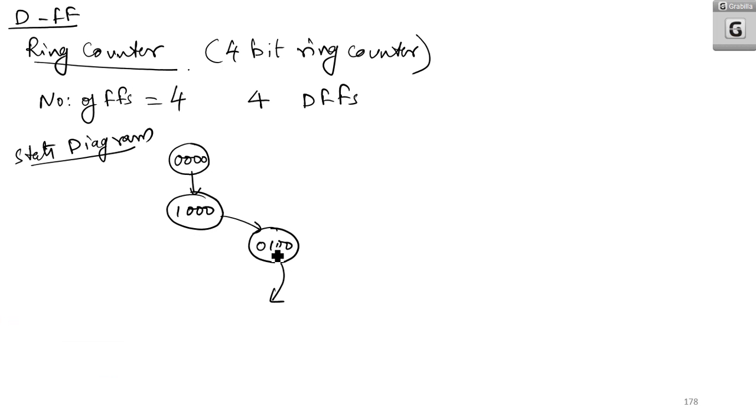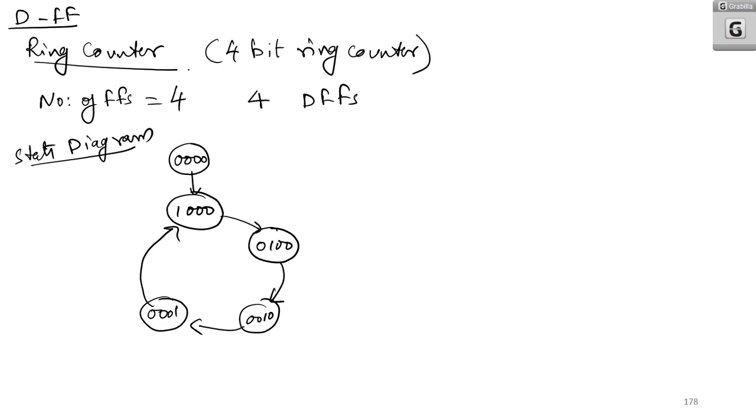Again this 1 will be shifted to the next bit, so it will be 0 0 1 0. Again it will be shifted to the next bit, that is 0 0 0 1. Again this 1 will be moved to the leftmost position, and this ring continues.